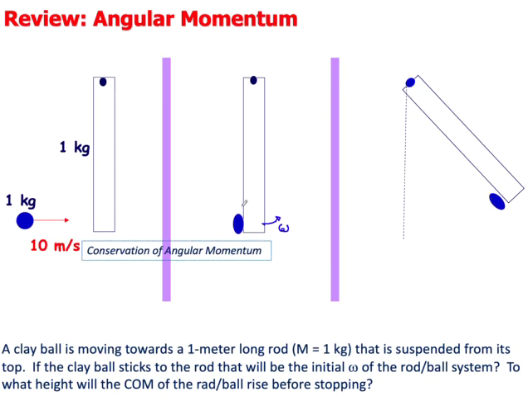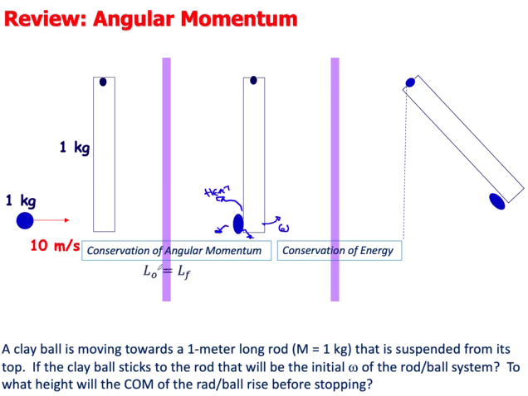Because when this hits, it's going to generate some heat, E-dis, but we don't know how much. So angular momentum has to be conserved, just like regular momentum. Then after we figure out omega, we can use conservation of energy to go from this step to this step.